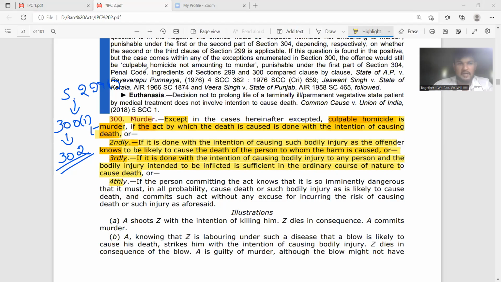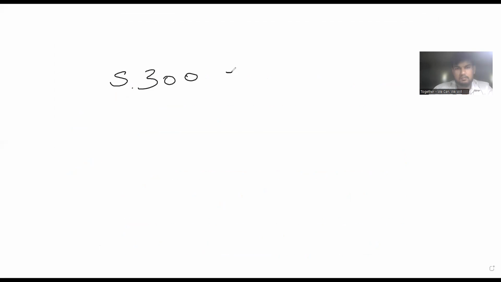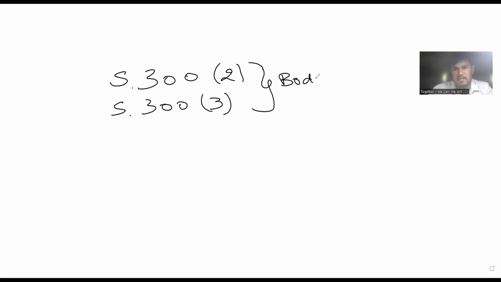So in section 300, they are basically talking about bodily injuries. And which part of section 299 talked about bodily injury? Tell me. Which part of section 299 talked about bodily injury?